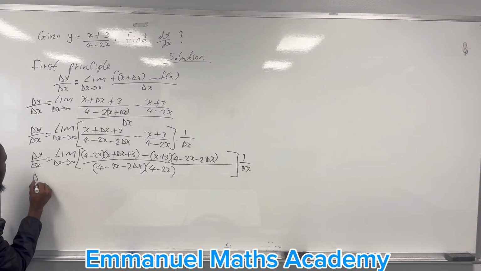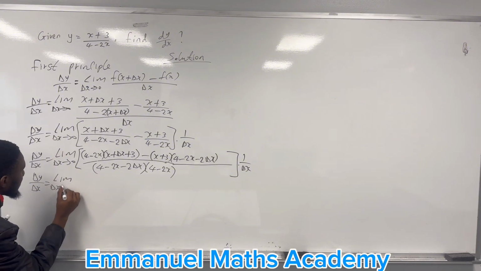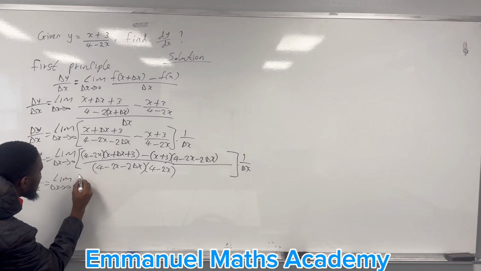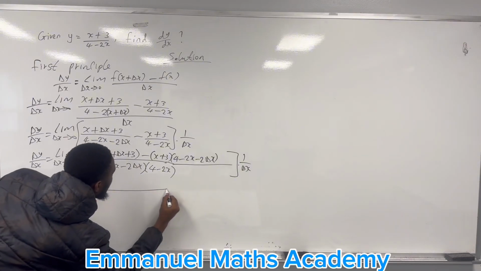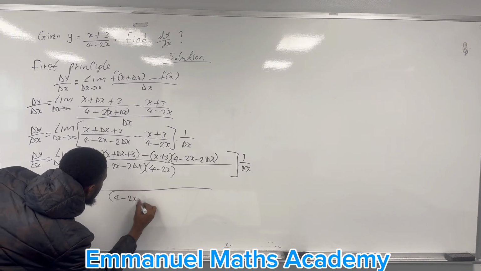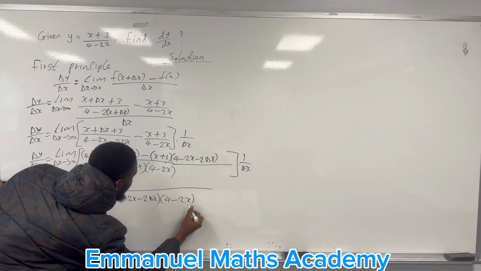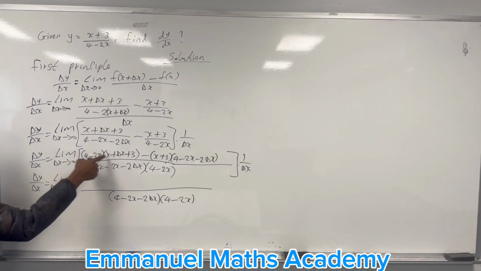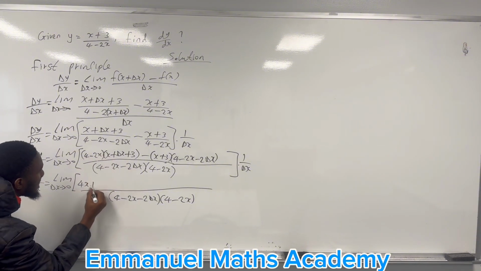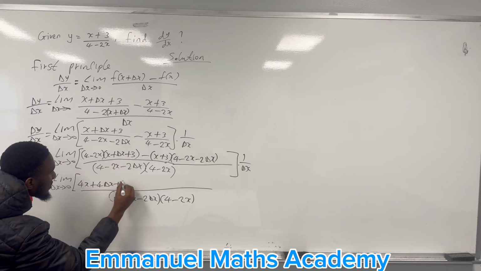So we have delta y over delta x equal to the limit as delta x tends to 0. First of all, let's write out what we have in our denominator: 4 minus 2x minus 2 delta x, and 4 minus 2x. Okay, 4 times x will give you 4x, the next term will give you 4 delta x, and 4 times the next one gives 12.